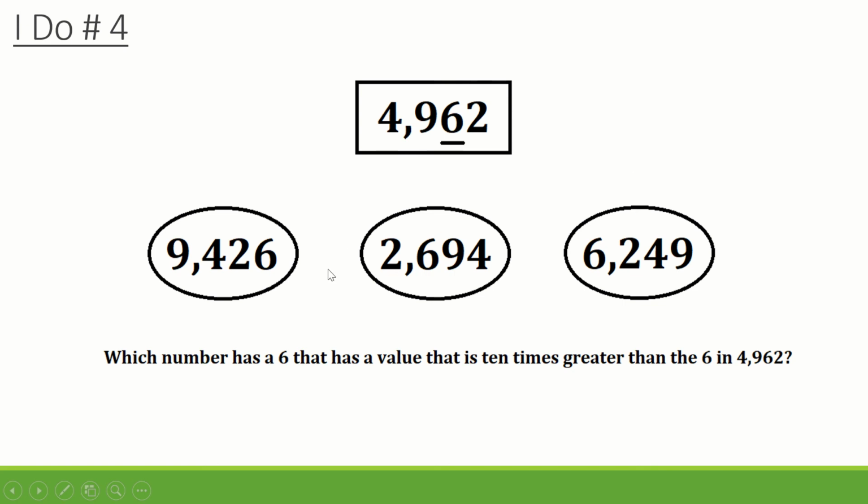I want to know which of these numbers has a 6 that is 10 times greater than the 6 in 4,962. So if need be, I can say, well, that 6 right there has a value of 60. So if I multiply 60 by 10, the resulting product is 600. So which of these numbers here has a 6 in the hundreds place? Yes, it is the 2,694.